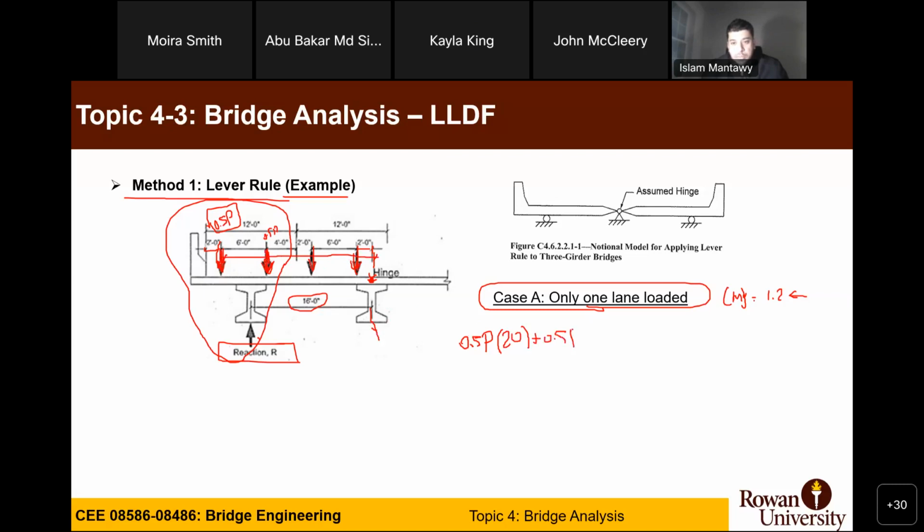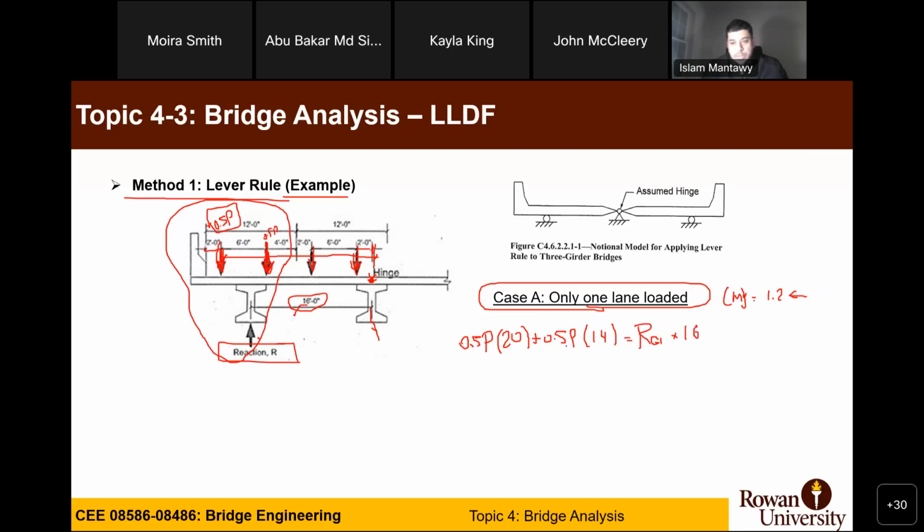And the distance would be what? From here to here, correct? 14. And the reaction will be the distance between the two girders, correct? So RG1 will be times how much? 16, correct?